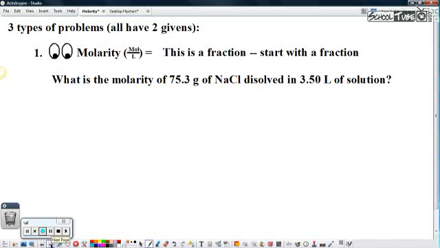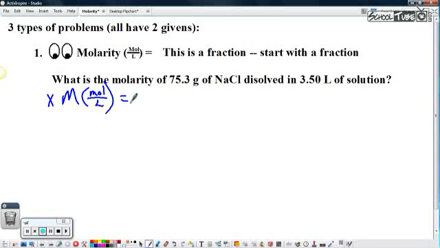This first example, I'm looking for molarity. You can read the problem and find out I'm looking for molarity. You see the two numbers? The two givens. So the first thing you need to determine, what am I looking for? Molarity. Remember, write mole per liter. Why did I write mole per liter?